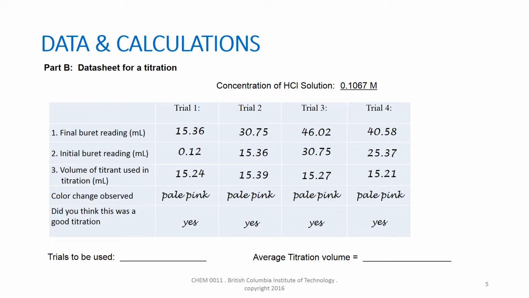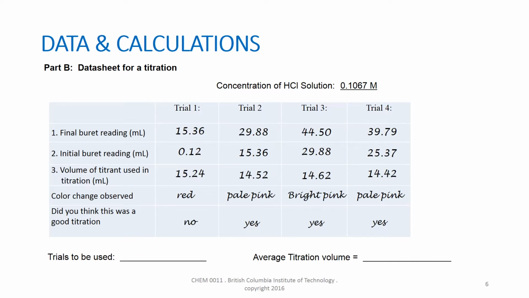Perhaps slightly more than 10.00 milliliters of HCl was erroneously pipetted into the Erlenmeyer flask in this trial. In this case, trials 1, 3, and 4 are used to determine the average titration volume. The average of 15.24, 15.27, and 15.21 is 15.24.